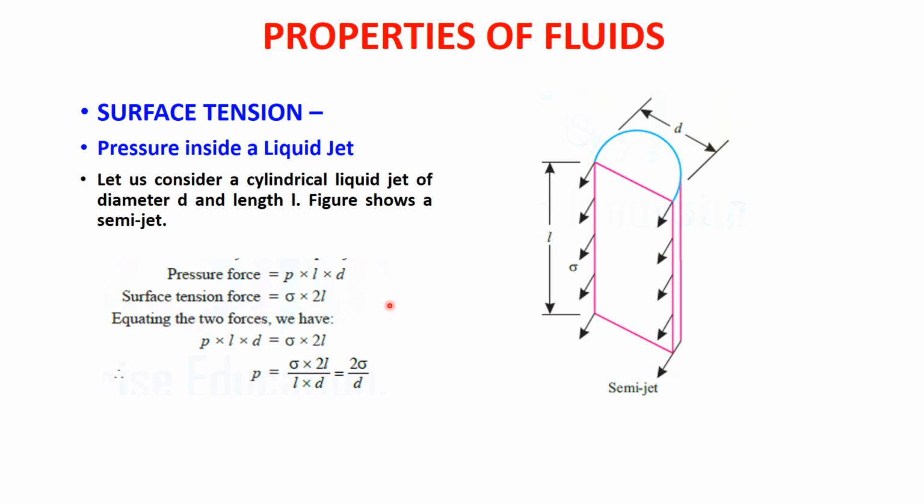Now we have to equate these forces, because these two forces will be equal and opposite for balancing this liquid jet. So we have P into L into D on the left hand side equal to sigma into 2L on the right hand side.